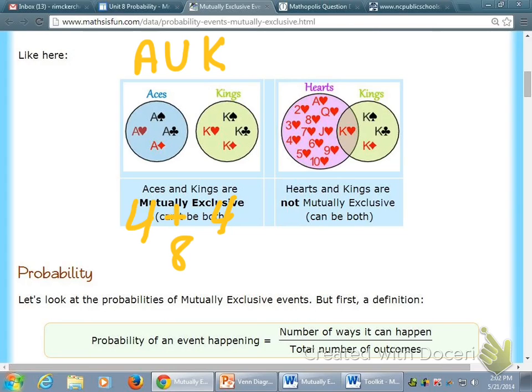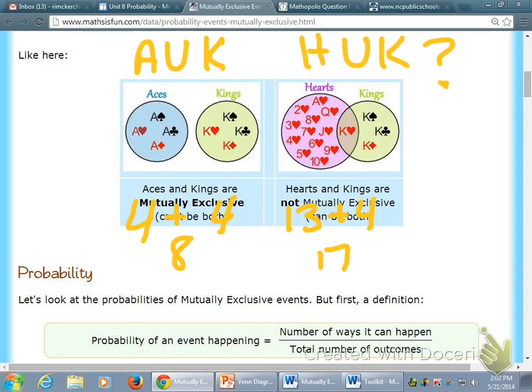Now over here, you've got a great picture that shows every single heart in the deck. How many hearts are there in a deck? 13. You have the picture that shows all the kings in a deck. How many kings are in a deck? 4. So is it natural to think that 13 plus 4 would give you 17 hearts or kings?